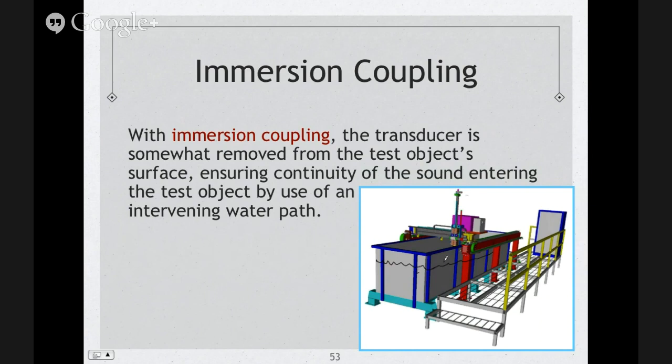Our part would be located inside this tank. My transducer would be inside the water, so there has to be a watertight, waterproof transducer. It's going to use the water between the part and the transducer as the coupling for the sound to go through.